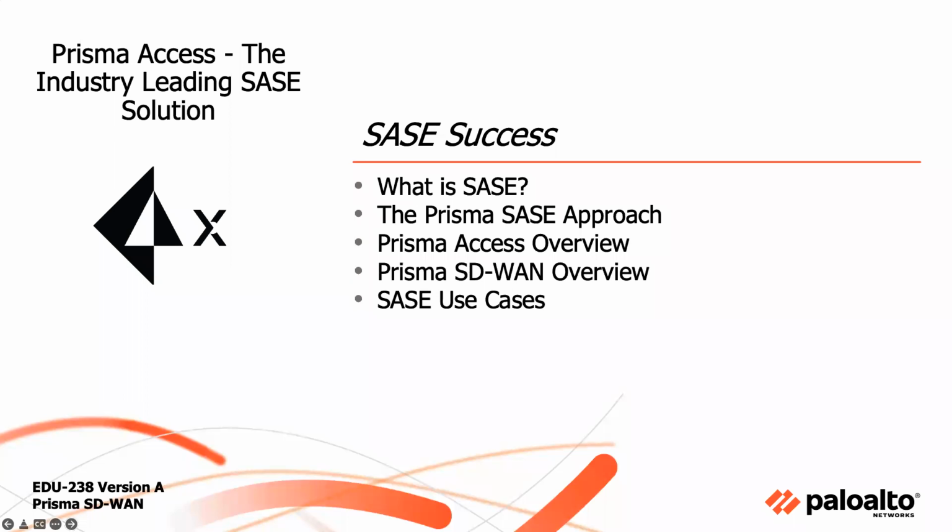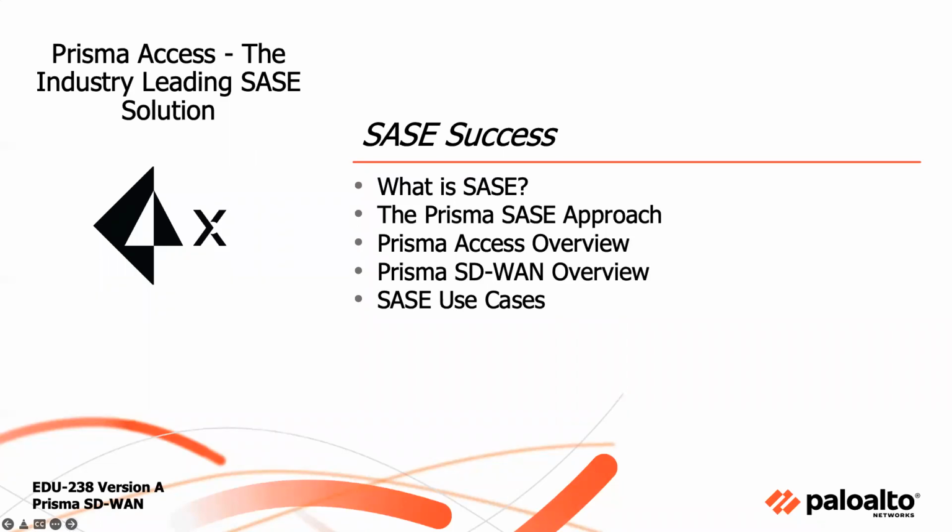We're going to talk about how we are able to solve multiple problems with two basic approaches that people have had problems with for a long time. The idea of how do you secure and give good performance to people in small branch offices, remote offices, that sort of thing, as well as mobile users. How do you treat that?